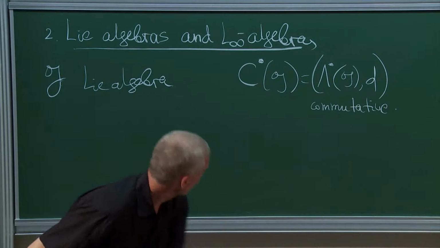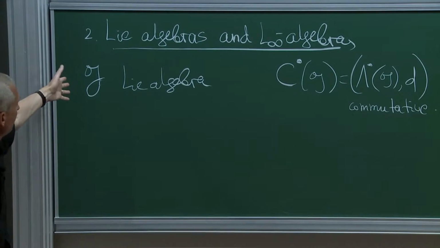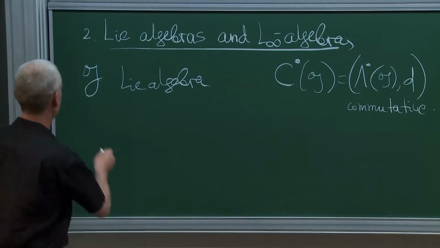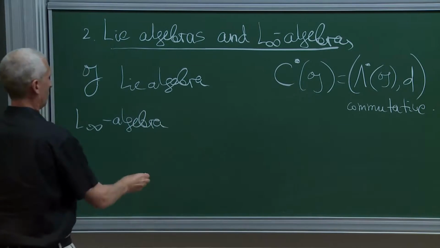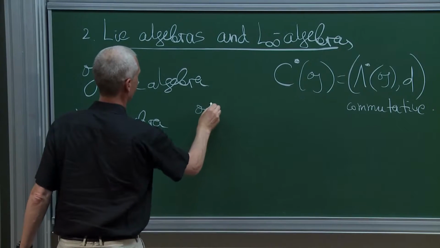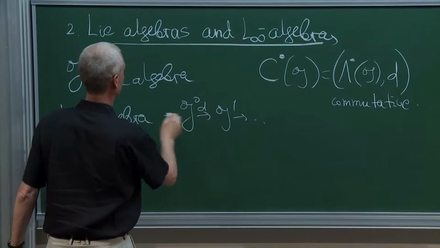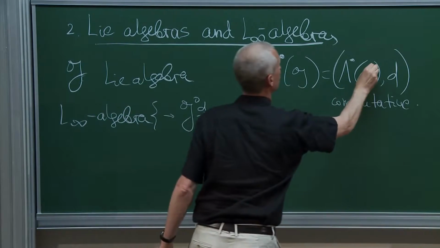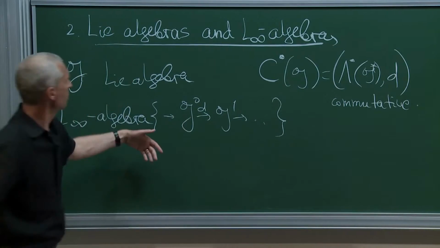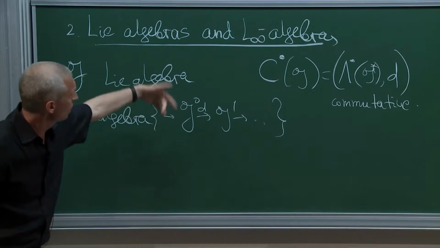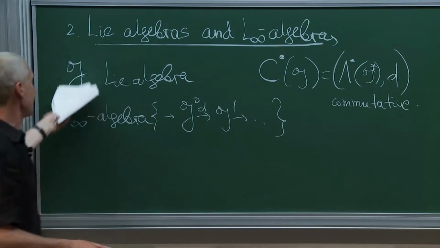More generally, a Lie infinity algebra is a derived analog of a Lie algebra. So it's something like a complex, with the differential and with bracketing, which only satisfies the Jacobi identity up to the next bracketing.